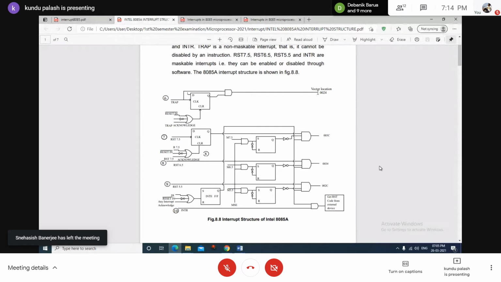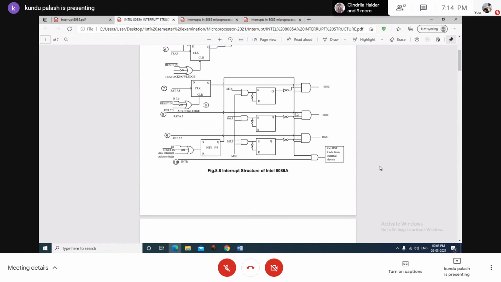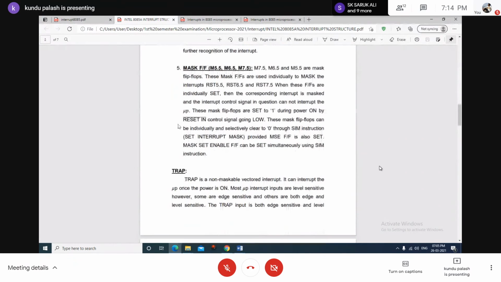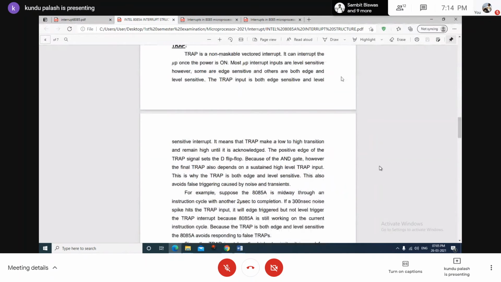That means there must be a power failure interrupt request, that is trap. In case of the 8085, trap is that kind of interrupt request signal which has the highest priority and cannot be masked. That is why trap is non-maskable. These are written here also.